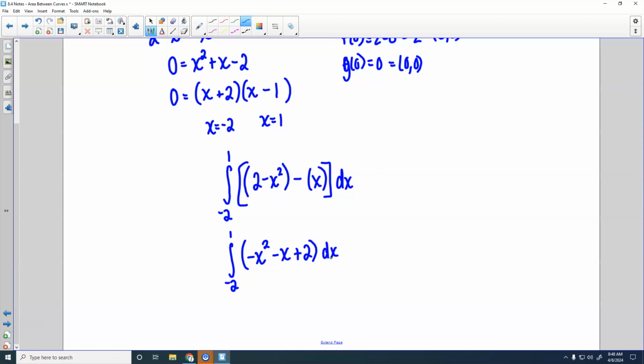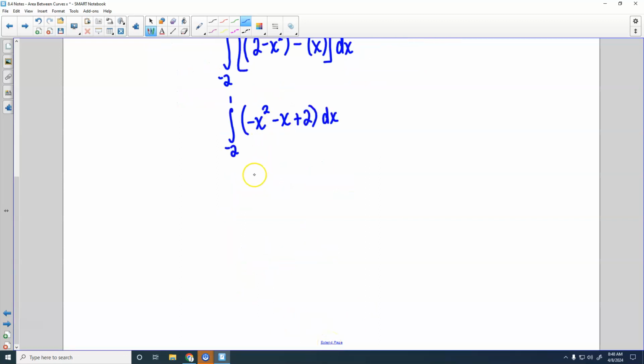Okay, so Lucian, whenever we integrate this, what will we get? We need to keep the negative with it. It'll be negative 1/3 x cubed. Good. Keep going. So what's your exponent right here? 1.